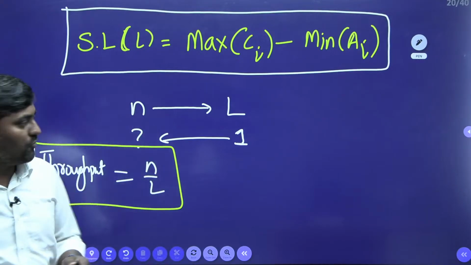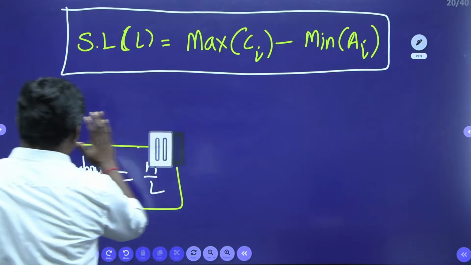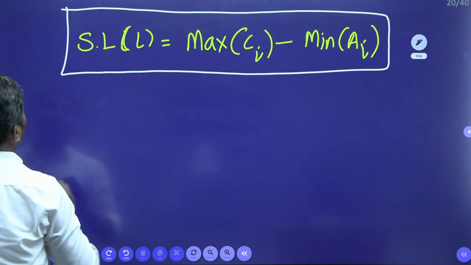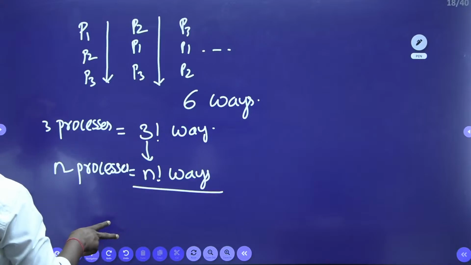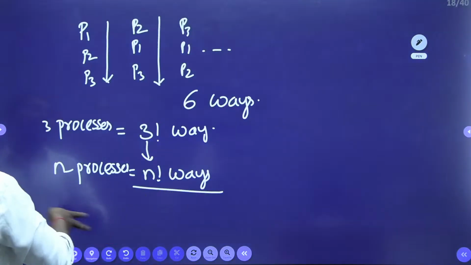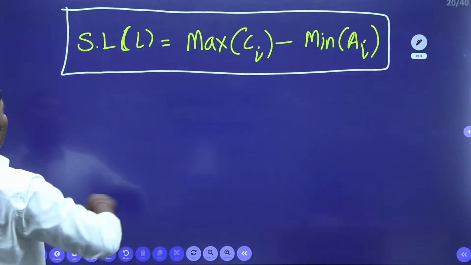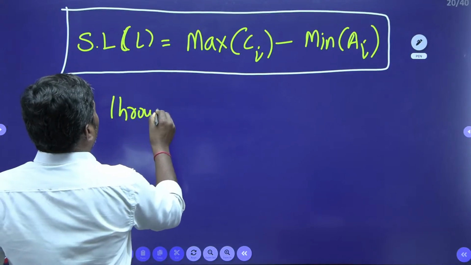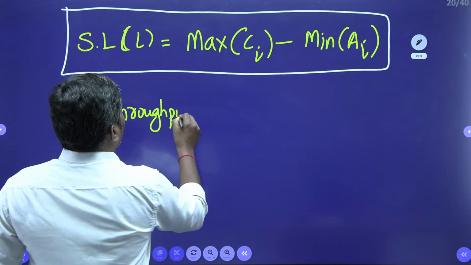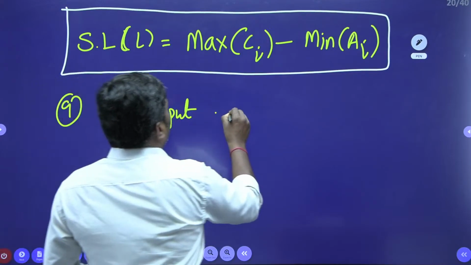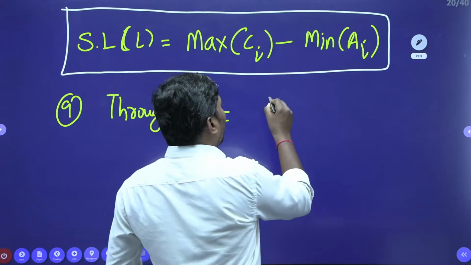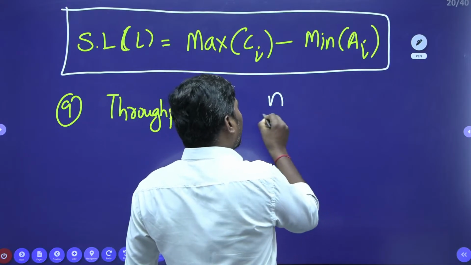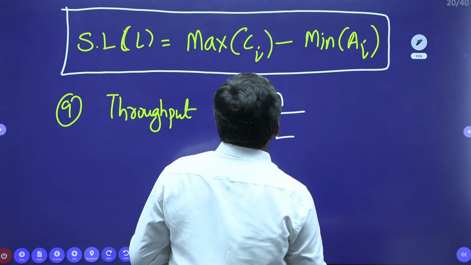So what I am trying to say is, the term schedule length is what? This is the ninth one. I am asking you to find the throughput. The throughput definition is the number of processes N completed per unit time, which is L, the schedule length.